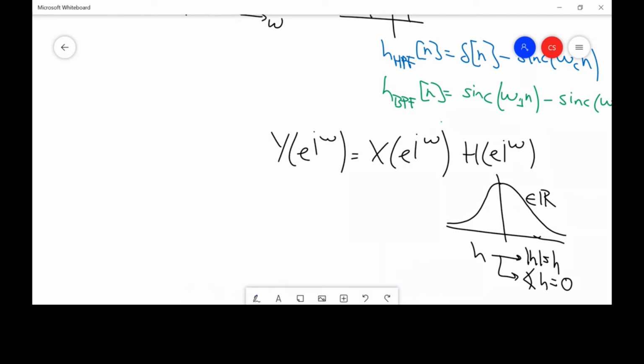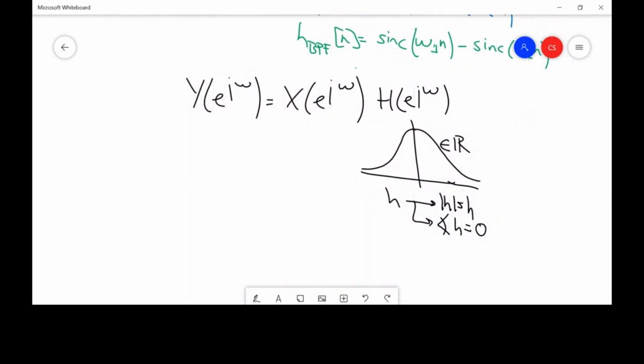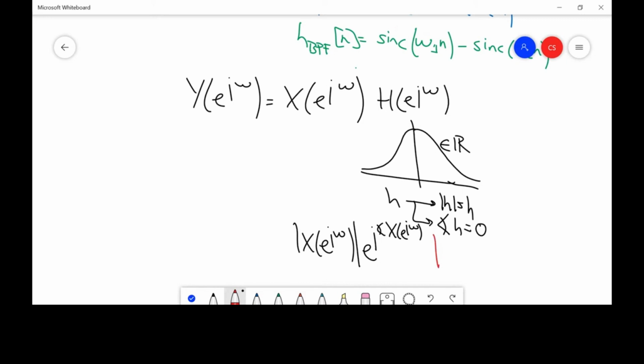Okay, so what I'm doing is a complex number multiplication. So this is the modulus of X(j omega) times A(j omega), and the phase of X at that point times h, but h is just this one.